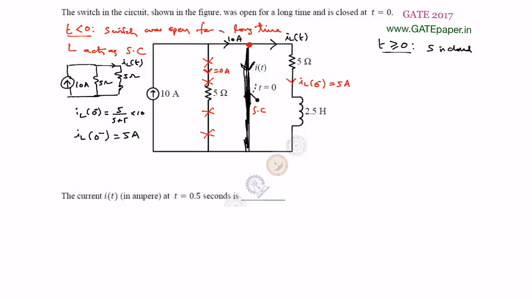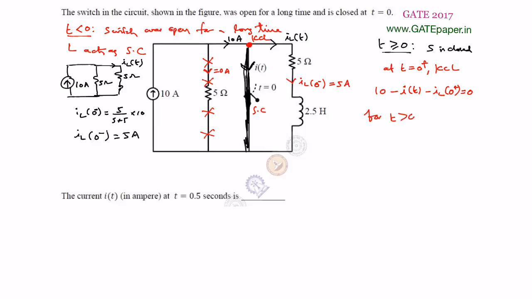Now apply KCL at this node at t is equal to 0 plus. Incoming currents are positive, outgoing currents are negative. So 10 minus I of t, the current flowing into the switch, minus the current flowing into the inductor side, IL of 0 plus, is equal to 0.